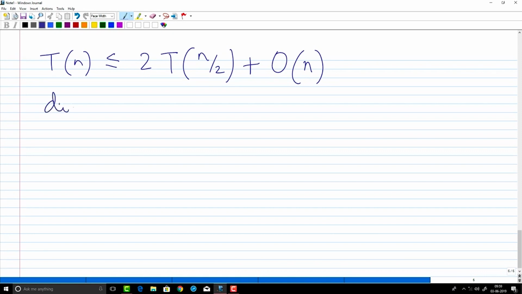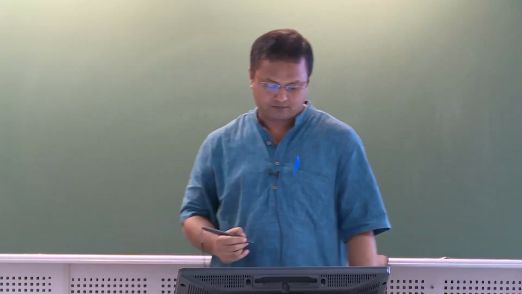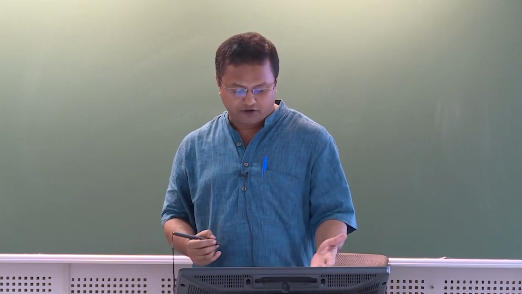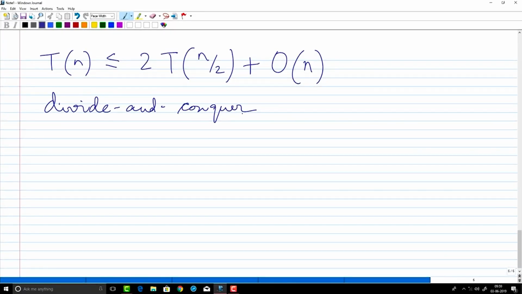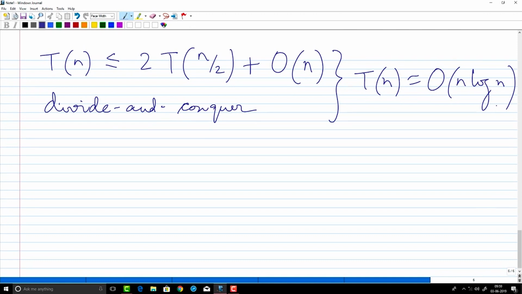So, our paradigm would be divide and conquer, and in divide and conquer, if I can get a recurrence like that, then I can solve T(n) as n log n, fine. So, what does this tell me?